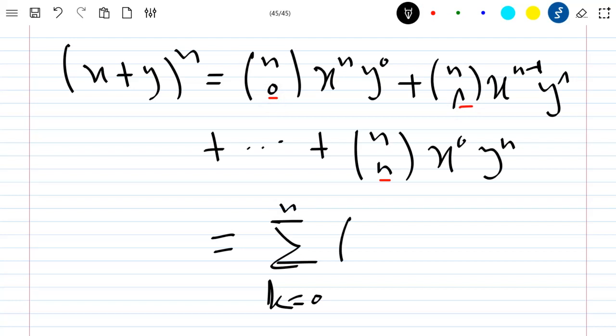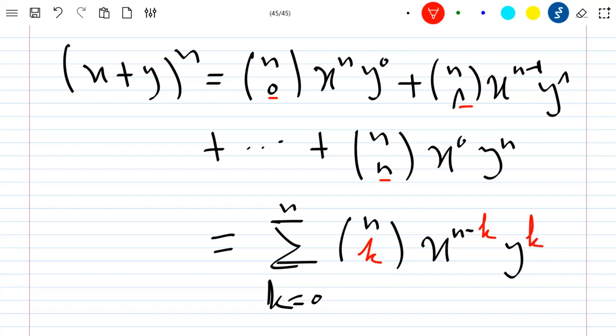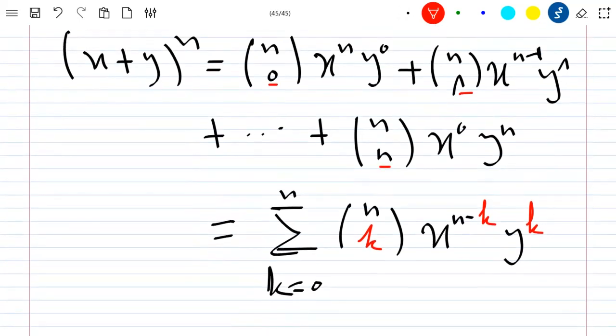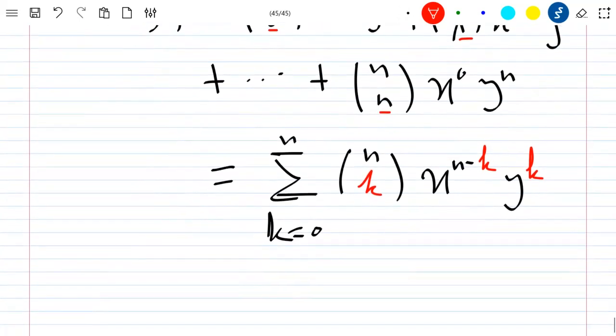Of n choose k, of x power n minus this k, and y power k here. Okay, now this is in fact the Newton binomial theorem.